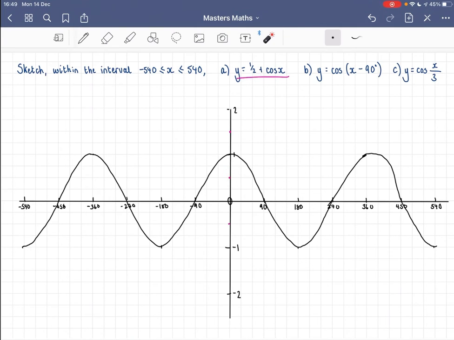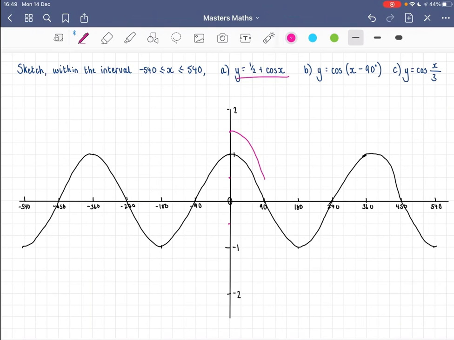That's where I got confused, because it's moved up 1/2. So my graph is going to look something like, oh, I find this really difficult. It's going to look like that. That's right.